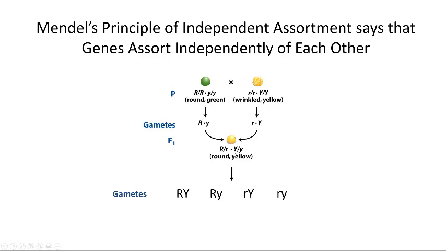You have an individual who's heterozygous for two genes, that is a dihybrid in the F1 generation. We have discussed in detail how you can get four different types of gametes from this particular dihybrid. Those four are all equally likely because big R could either be with big Y or big R could be with little y, and those two are equally likely.